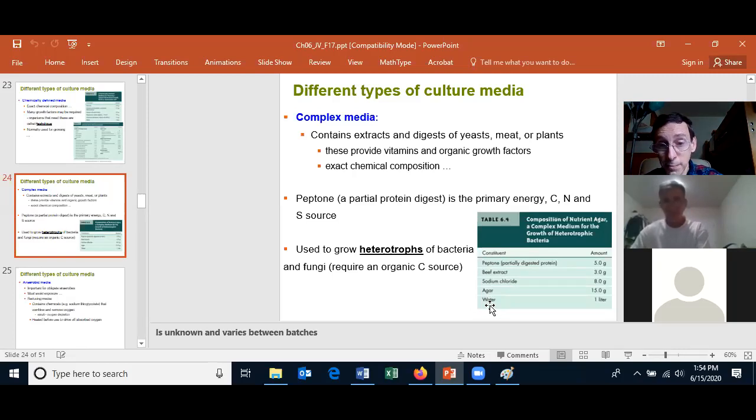If this is tap water, which is probably what it is, it supplies trace elements like minute amounts of copper and iron. Minute amounts of trace elements would also be in the beef extract.